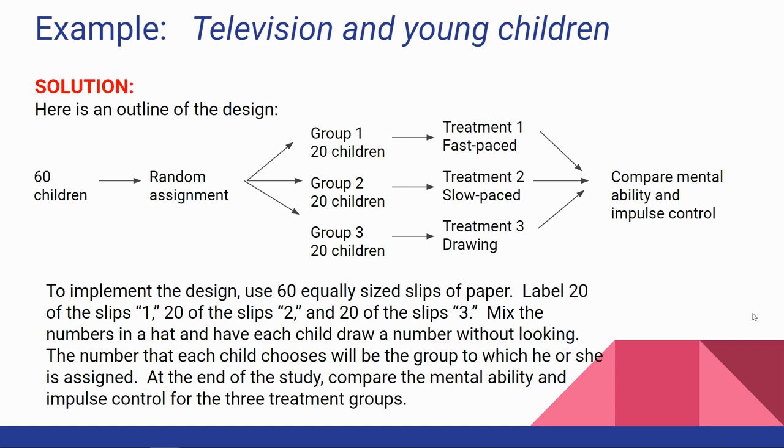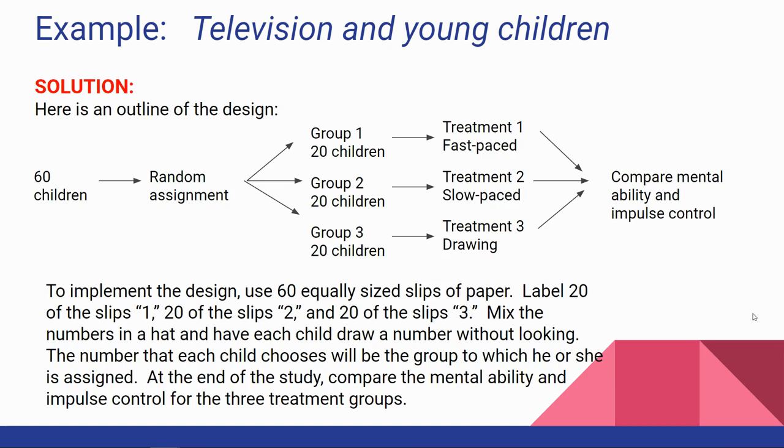We randomly assign the first 20 people to group 1, the second 20 people that are selected to group 2, and the third group to 3. They use the idea of using slips of paper and numbering the slips of paper 1, 2, and 3, and randomly picking from the hat, and each child is assigned whatever number was chosen.